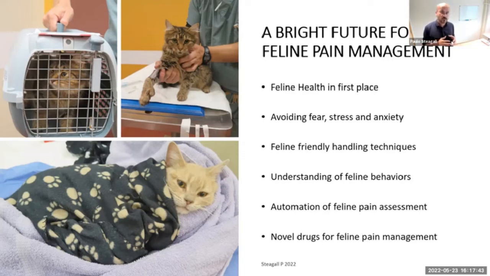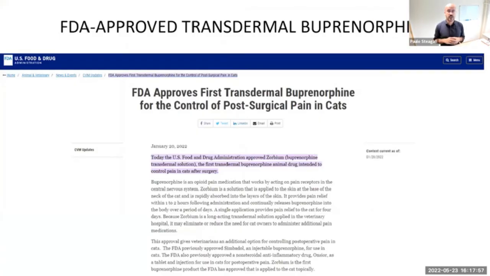And we have now the advent, almost every year or every couple of years, of drugs for feline pain management, such as the anti-NGF monoclonal antibodies for chronic pain. But also I would like to bring up that recently the Food and Drug Administration approved transdermal buprenorphine for the control of post-surgical pain in cats.